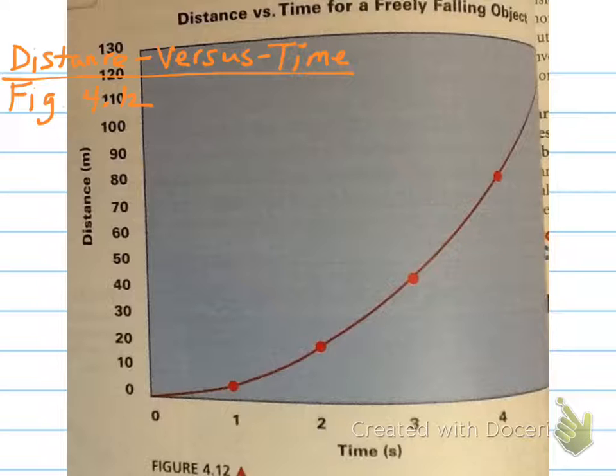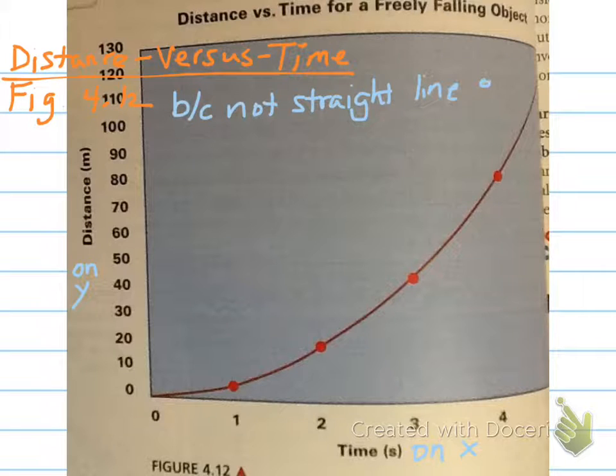Okay, again, notice that our distance is on our y-axis, time is on our x-axis. Because this is not a straight line, therefore it is non-linear.